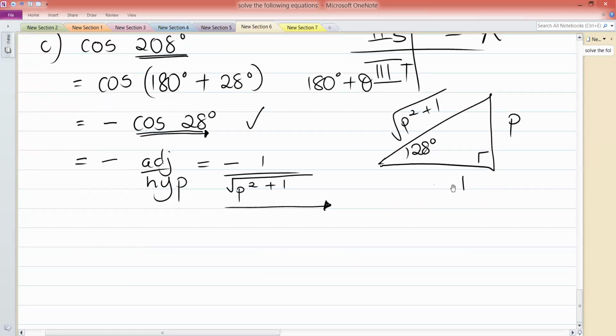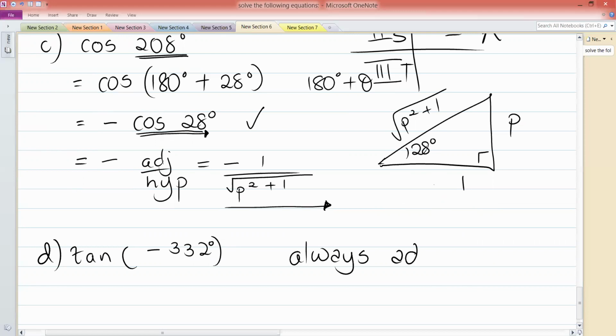And let's say they gave you a negative angle. So tan of negative 332. What happens whenever you're given a negative angle? Whenever you're given a negative angle, always add 360.